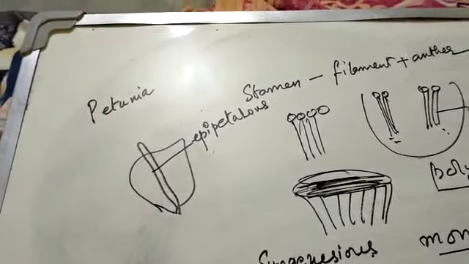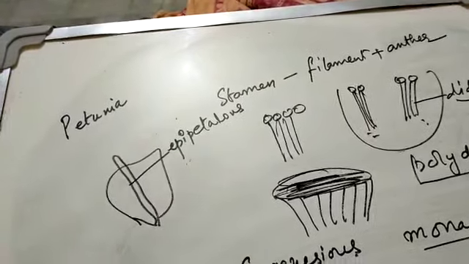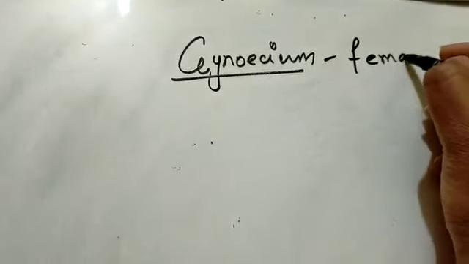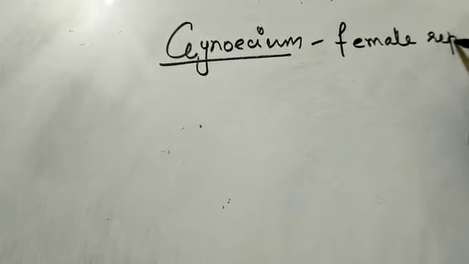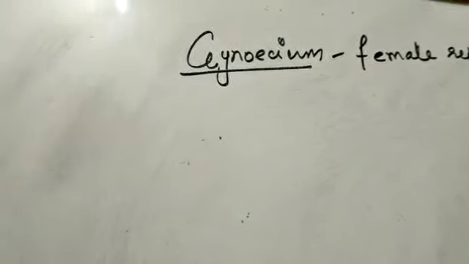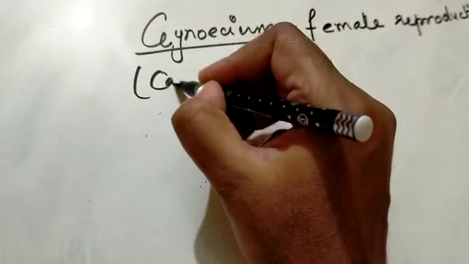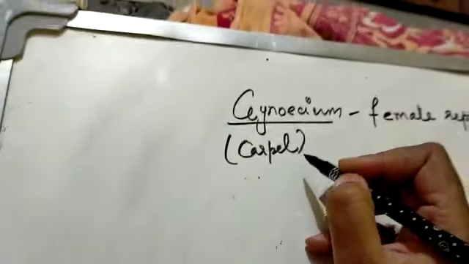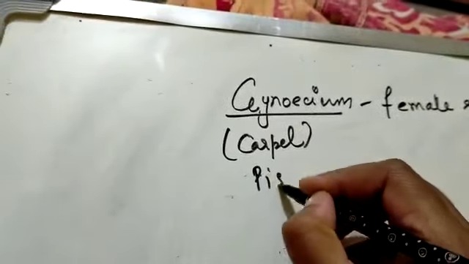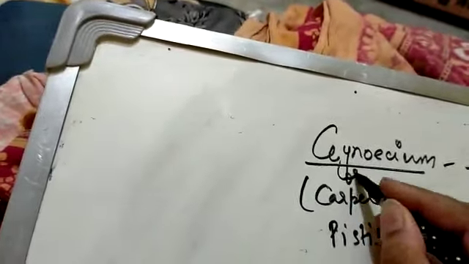Now let's talk about the gynoecium, or the female reproductive part. In many books, you may find its name as carpel, or it may be called pistil, one and the same thing.